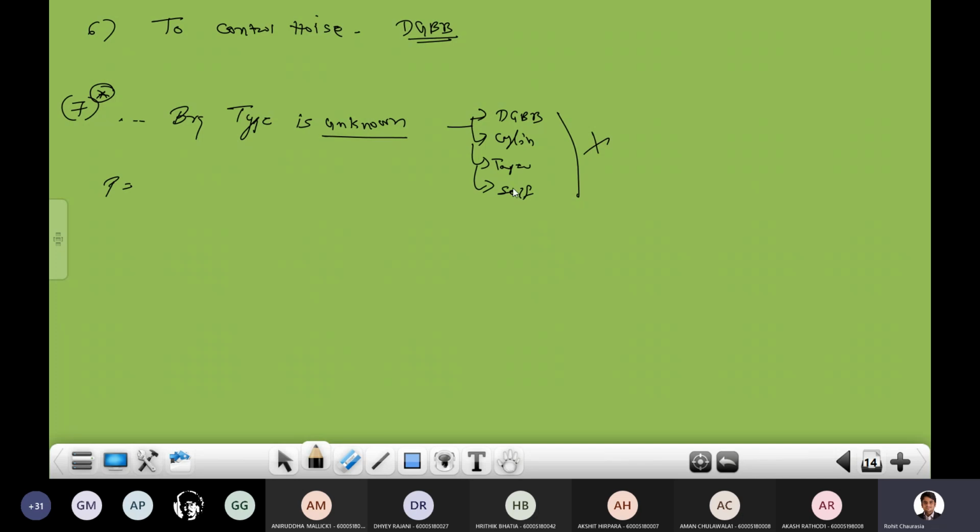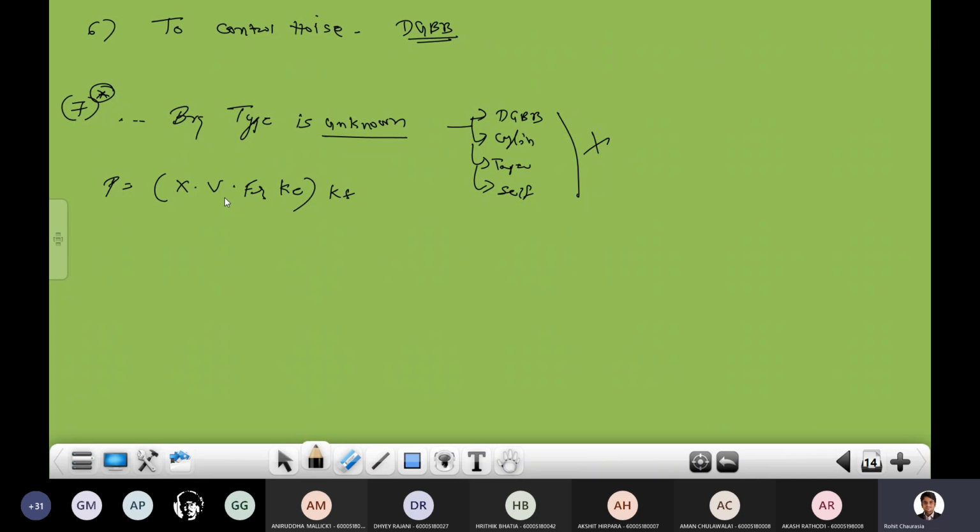Suppose the type of the bearing is unknown, and in that case if you are trying to find out the value of P, how to calculate it? In that case you can take X into V into FR multiplied by nothing but the Ke multiplied by Kp.